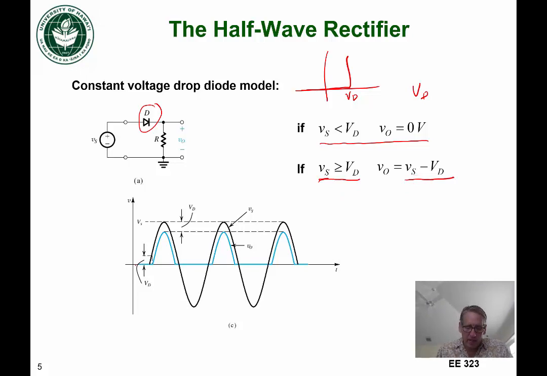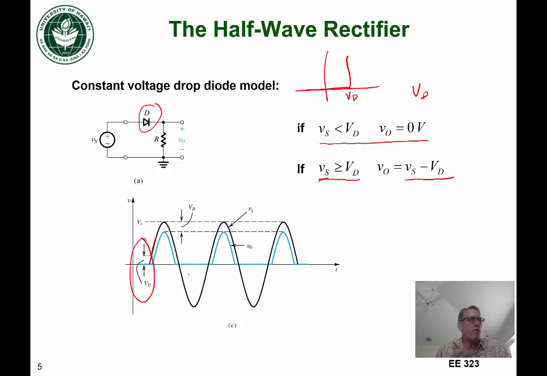So if we look at our AC waveform, the black is the waveform coming in, and the blue is the waveform coming out. It doesn't turn on. We don't get the diode on until a little bit of a delay, that is until Vs gets to be this VD value, and then we can see the blue going up. As a result, the peak value is Vs minus VD, so it doesn't reach the peak value.